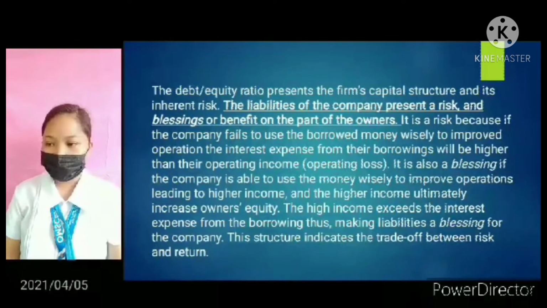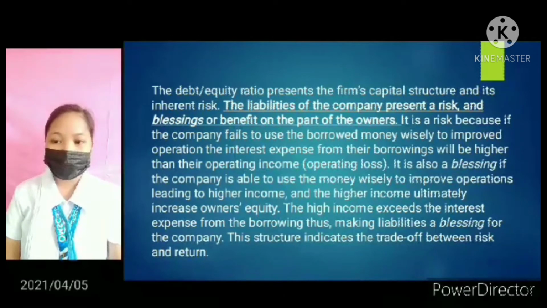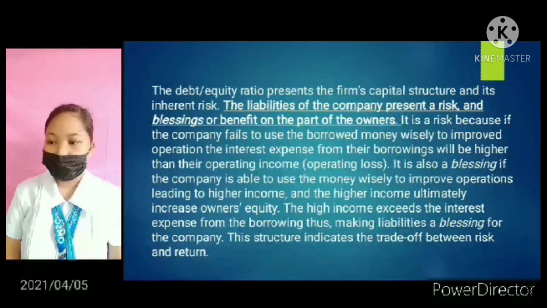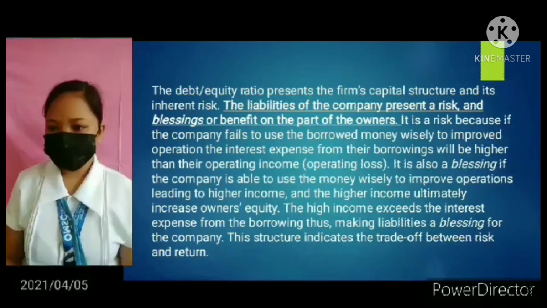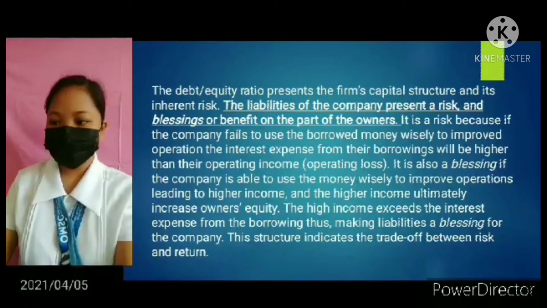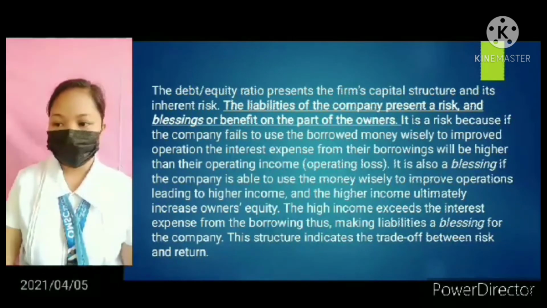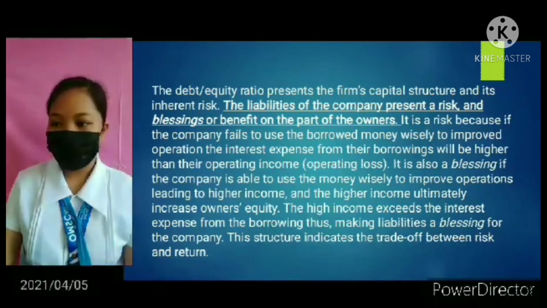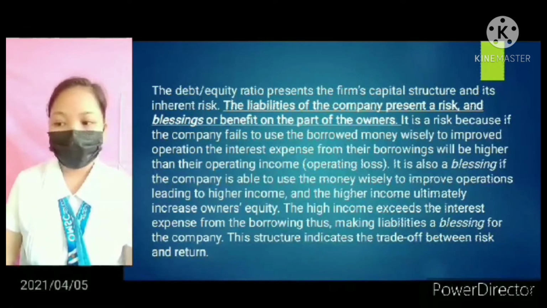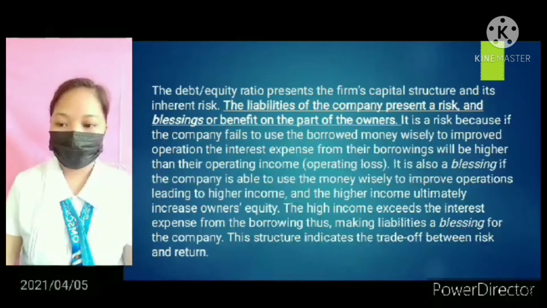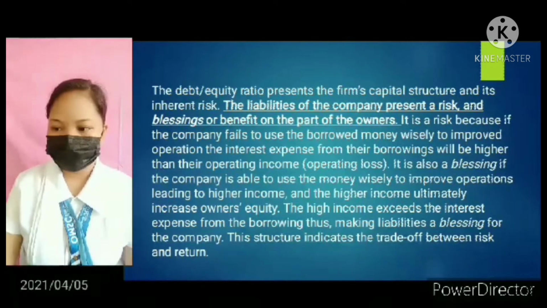The debt to equity ratio presents the firm's capital structure and the inherent risk. The liabilities of the company present a risk and a blessing or benefit on the part of the owners. It is a risk because if the company fails to use the borrowed money wisely to improve operation, the interest expense from their borrowings will be higher than their operating income, resulting in an operating loss.